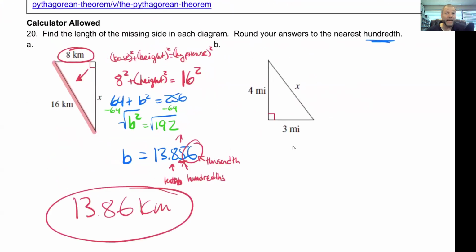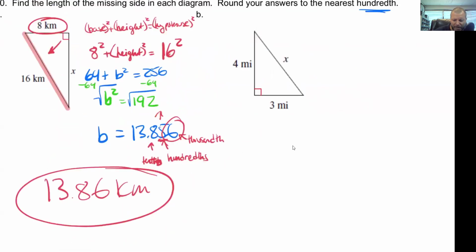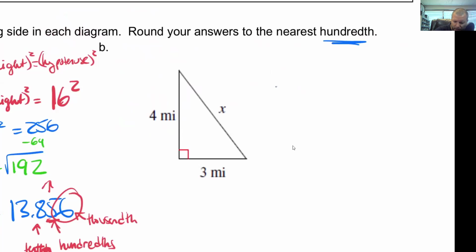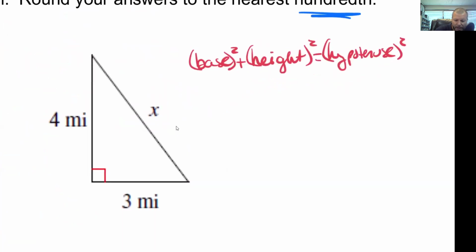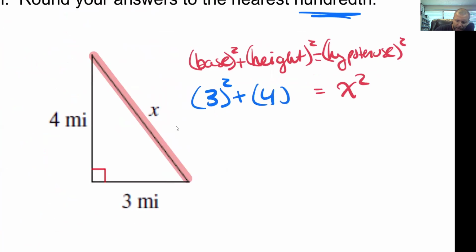If I look at this second one, this is going to be a nice one. This is called a Pythagorean triple. If I look at base, height, hypotenuse, in this case I don't know my hypotenuse, that's my variable, so that's going to be x squared. I got a base of 3 and 4, doesn't matter. As long as you're using one for the base, one for the height, you're fine.